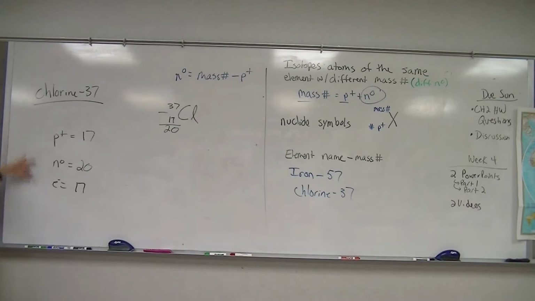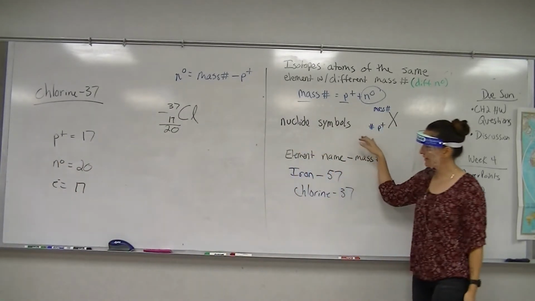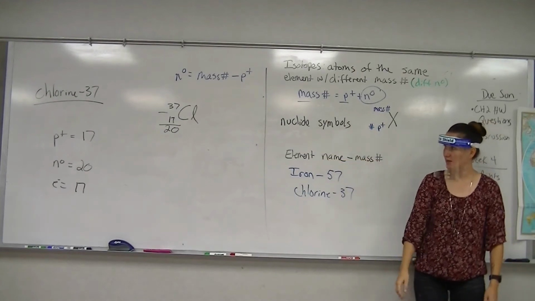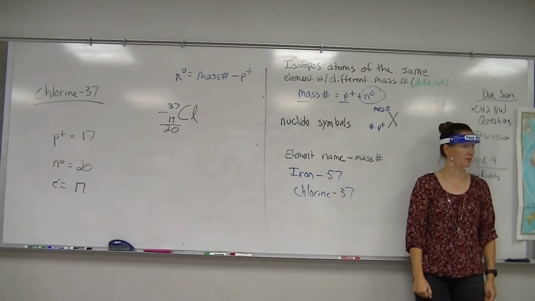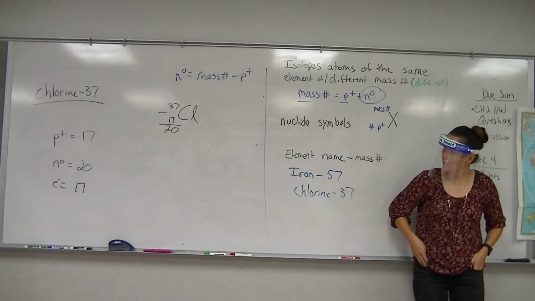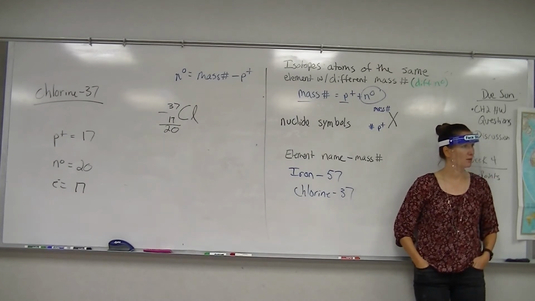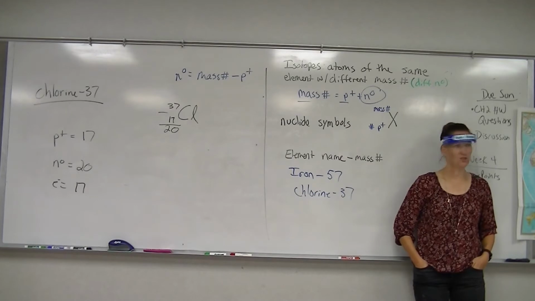Okay, are there any questions on isotopes, how to represent them, and how to get the subatomic particle counts? So basically, would you ever use the bottom number? The bottom number on the periodic table, I don't think we'll use that until chapter 3 or 4. So for now, that's just your average atomic mass, and that's all you need to know about it.